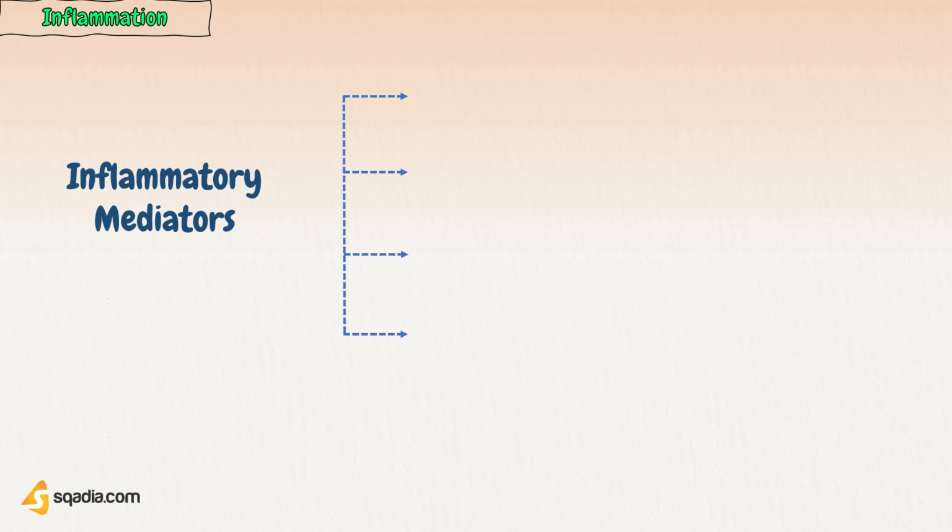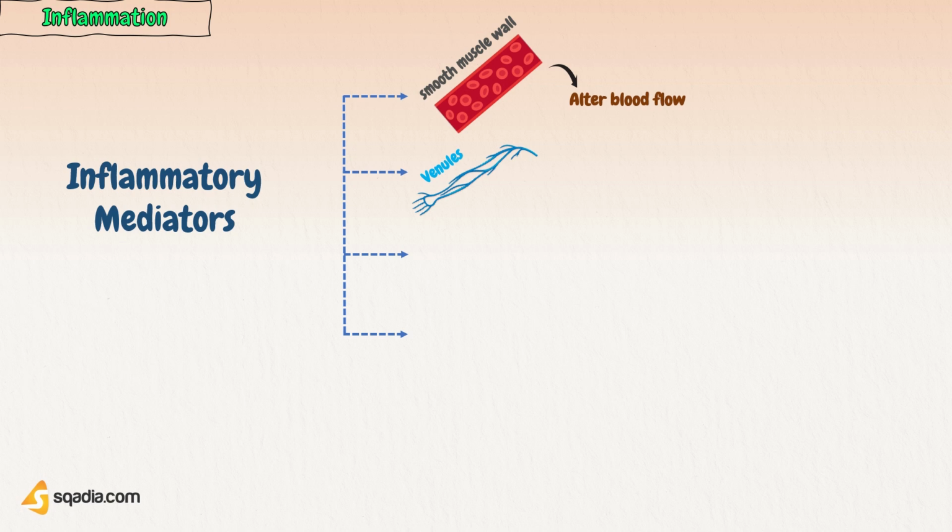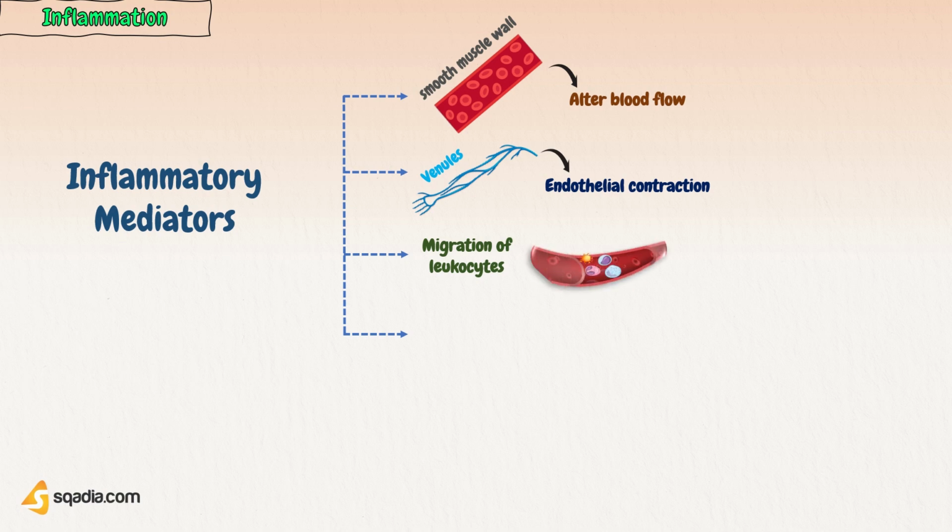Here, a complex variety of mediators are involved in acute inflammatory responses. Some act directly on the smooth muscle wall surrounding the arterioles to alter blood flow. Others act on the venules to cause contraction of the endothelial cells, an important step in inflammation. The migration of leukocytes from the bloodstream is also facilitated by soluble mediators.